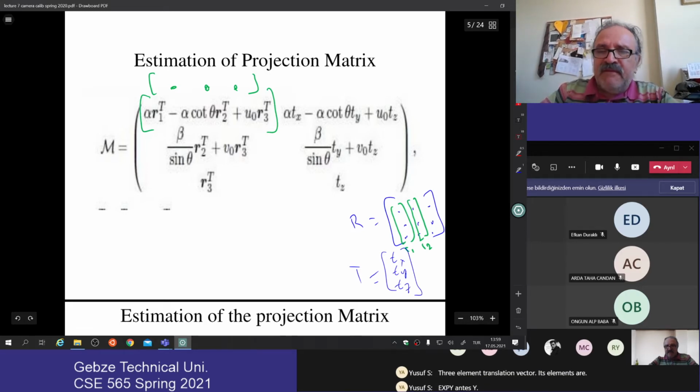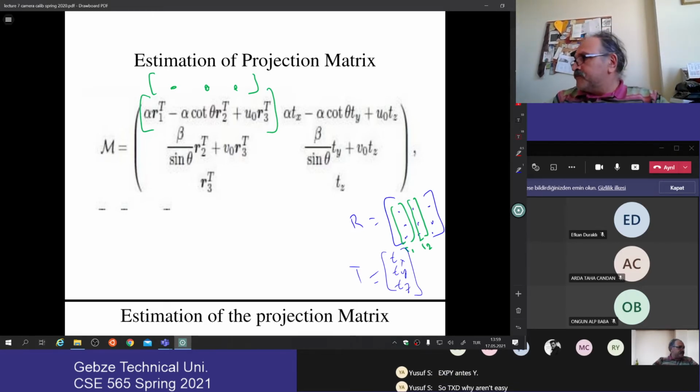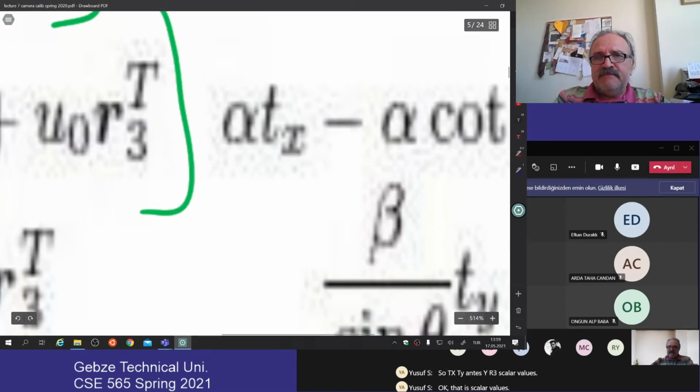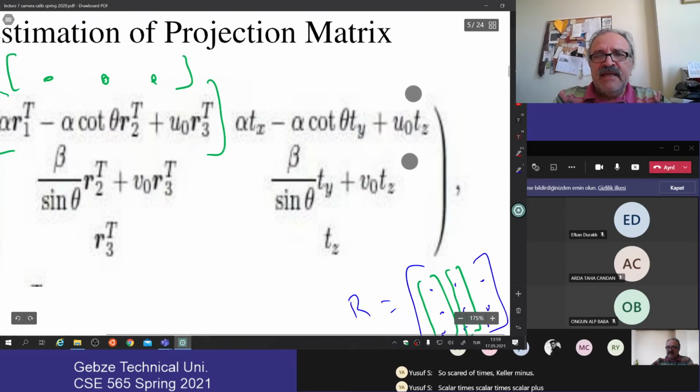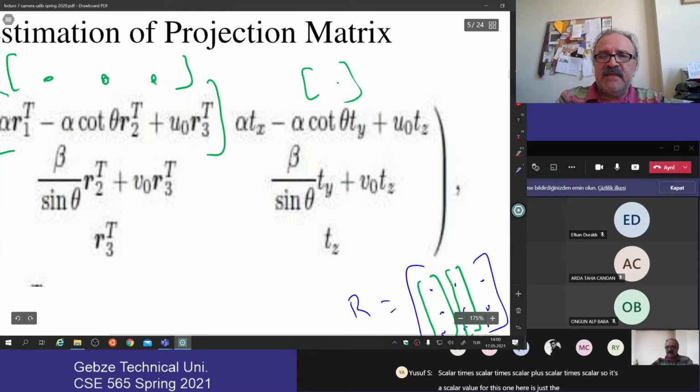So Tx, Ty, and Tz are 3 scalar values. Scalar times scalar minus scalar times scalar times scalar plus scalar times scalar. So it's a scalar value. So this one here is just a scalar.